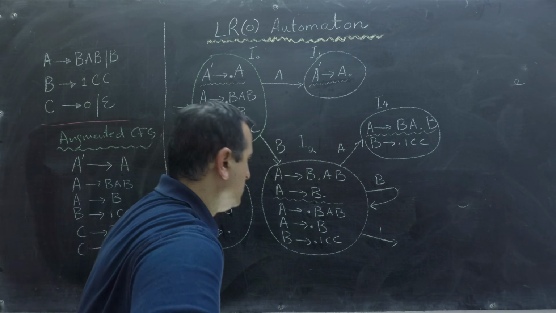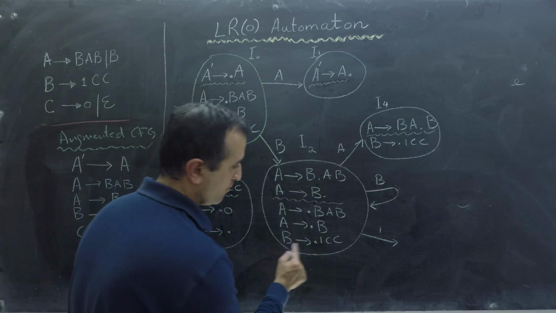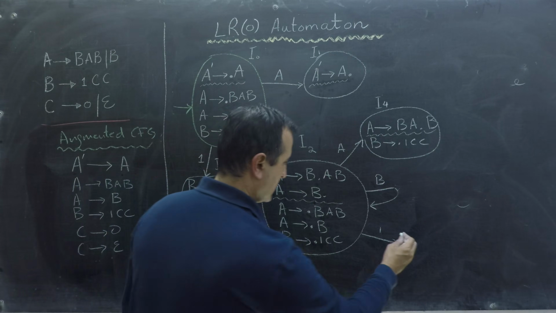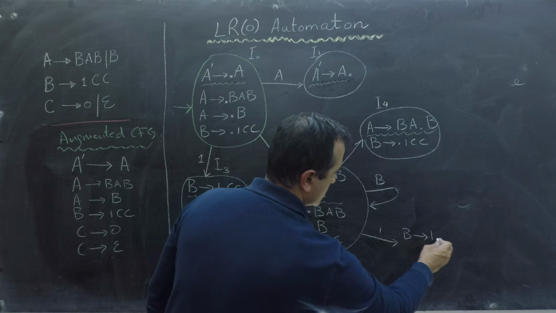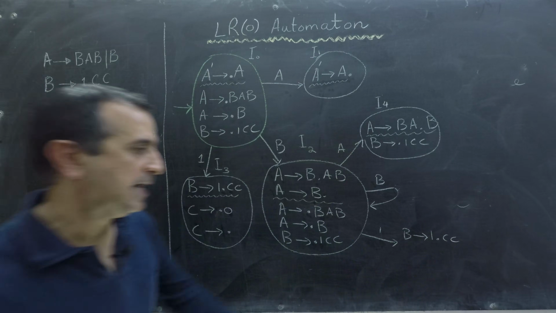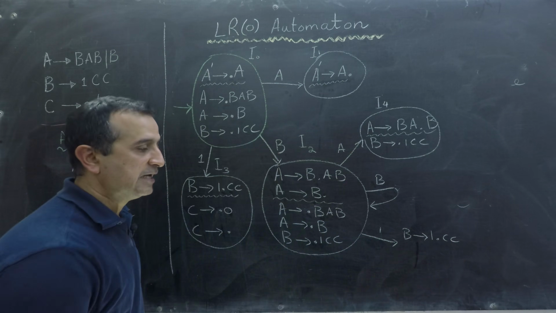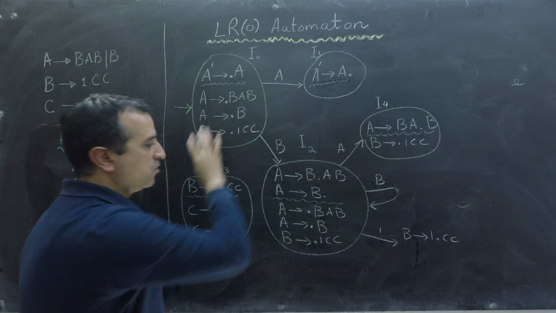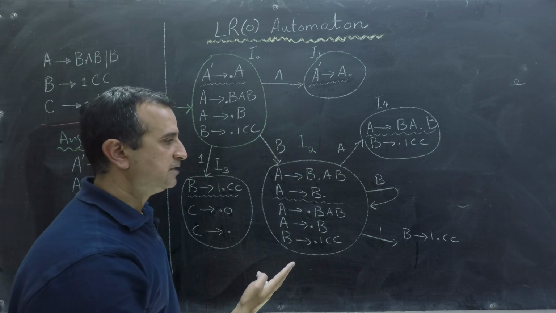Now on 1, we create a new state by moving this dot to the right of 1. So we will get B goes to 1 dot CC. But before we add more items here, we will check if this source item is already present in any of those existing states of the DFA.